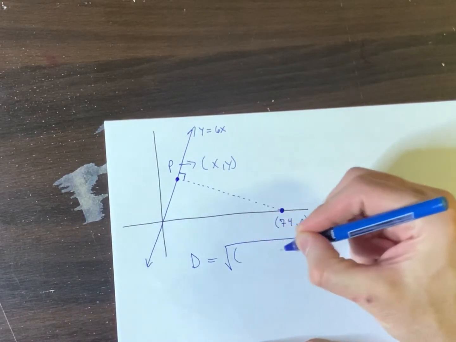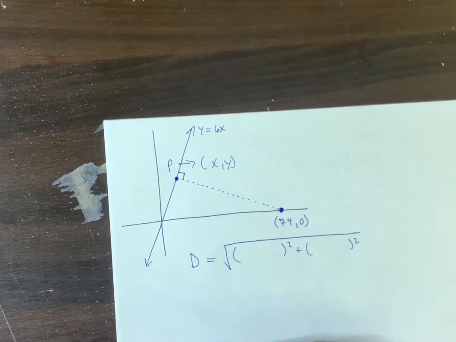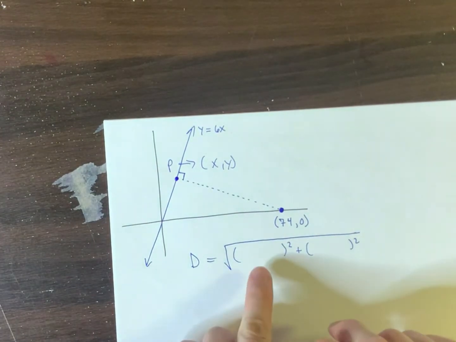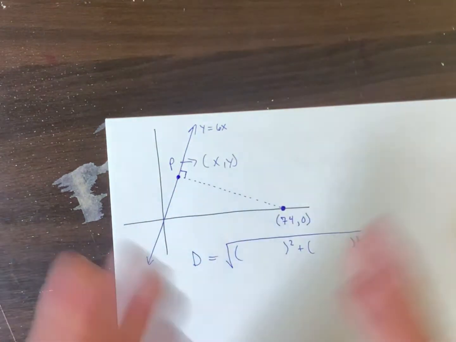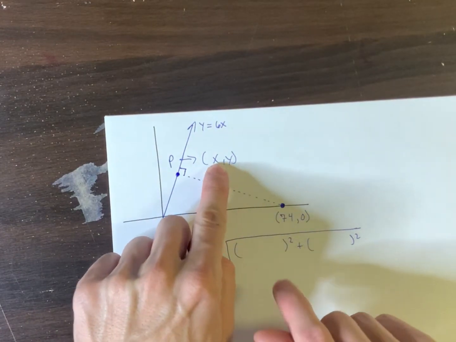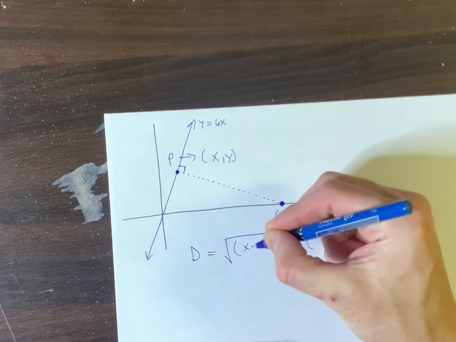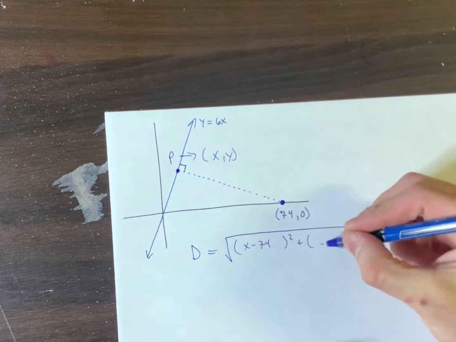Recall that the distance formula has this template right here, where we subtract the x's and then subtract the y's in any order. For instance, in here, let's go x minus 74. And then in here, let's go y minus 0.